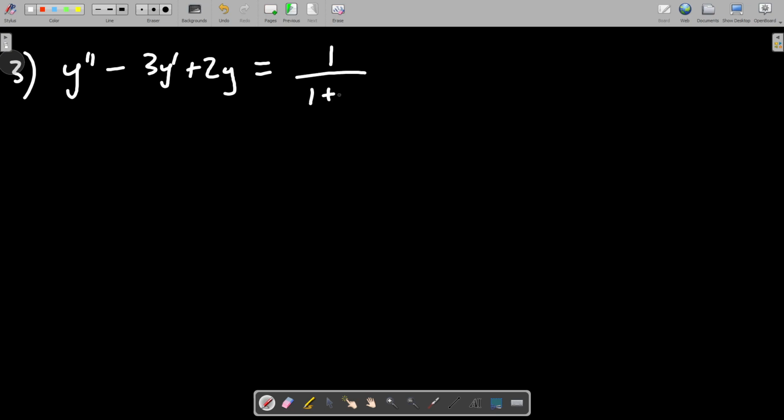Here we are going to get the third one: y double prime minus 3y prime plus 2y is equal to 1 upon 1 plus e raised to minus x.